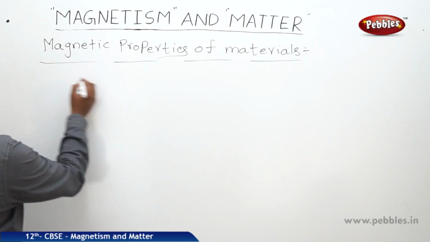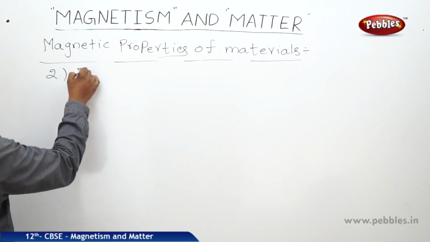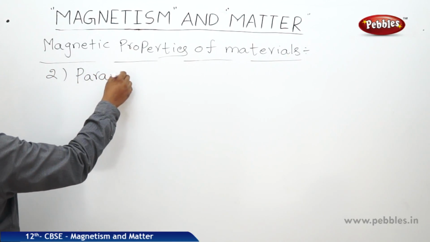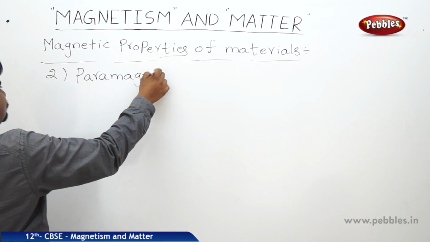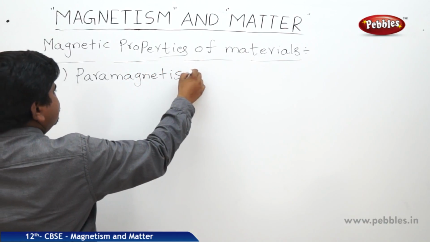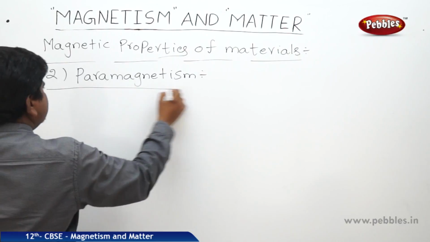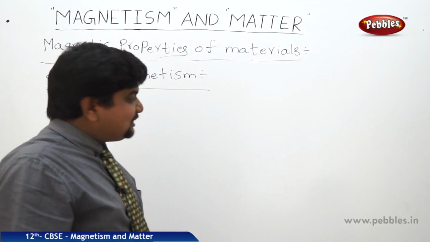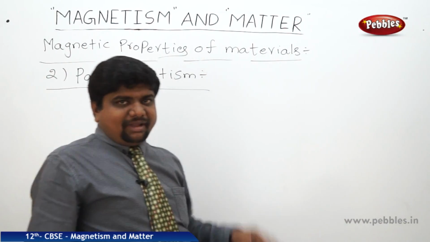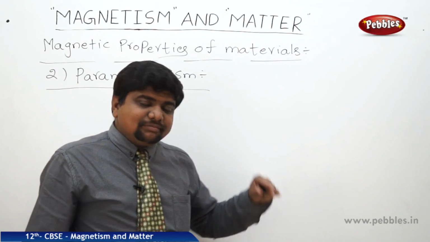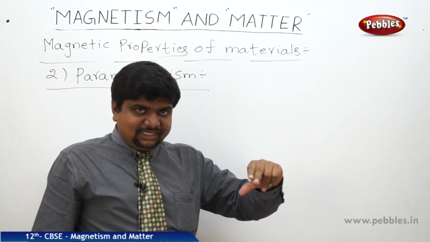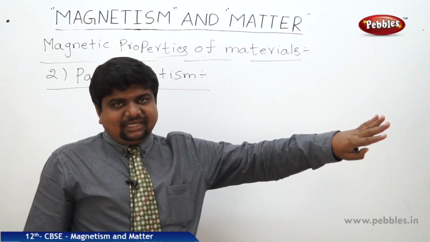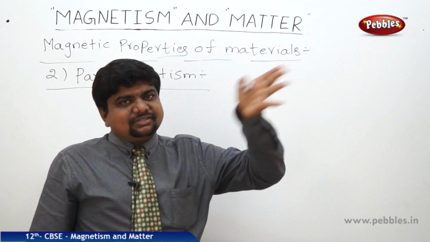Next one is paramagnetism. Paramagnetic substances are exactly opposite to the diamagnetic behavior. In diamagnetism, the diamagnets are repelled by the magnetic fields and travel from higher fields to lower fields.